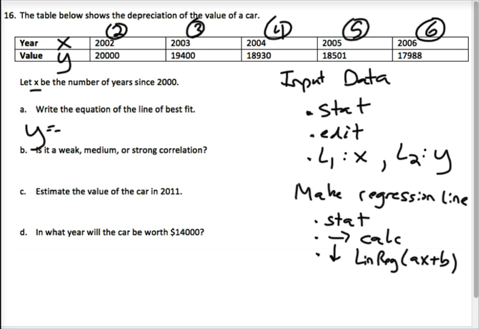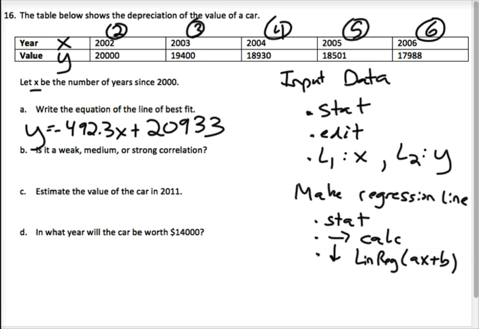Y equals A times X plus that B value, that 20,933. So you must be able to turn that into this equation for me. Take the information your calculator gave you, make the line.